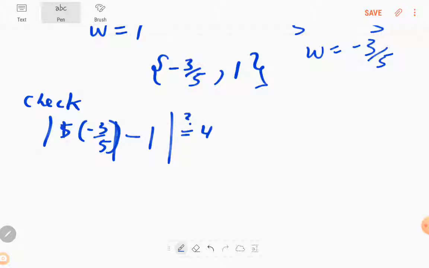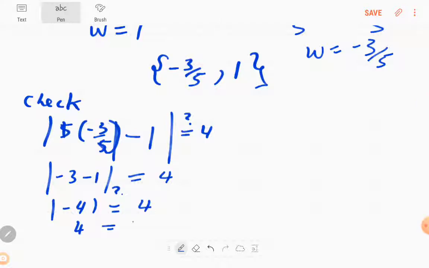So the 5s would cancel out, leaving minus 3 minus 1. Is that equal to 4? Well, we'll have the absolute value of minus 4. Is that equal to 4? Well, absolute value of minus 4 is 4, and that is equal to 4. So that works. Let's check the other one.